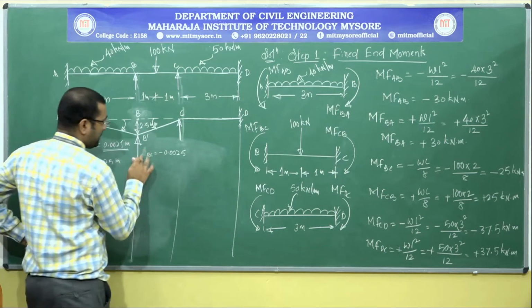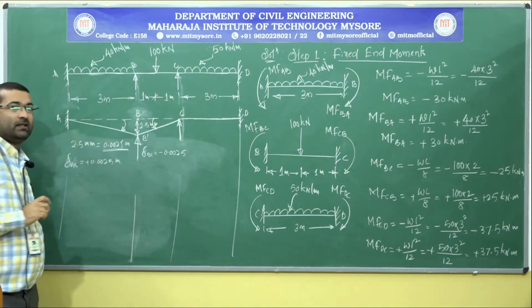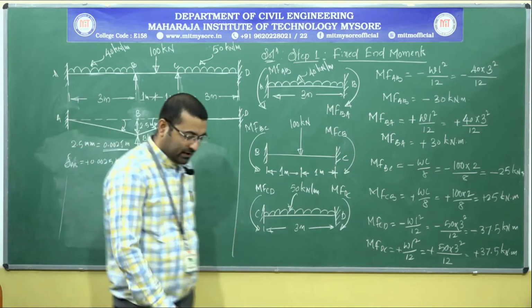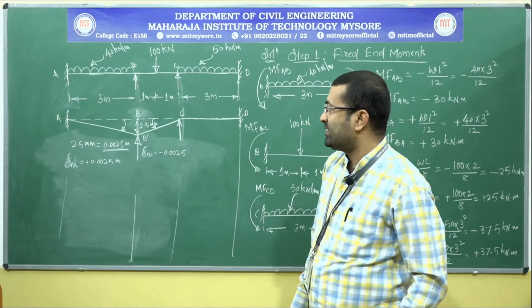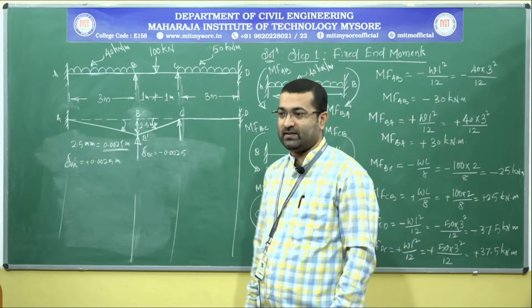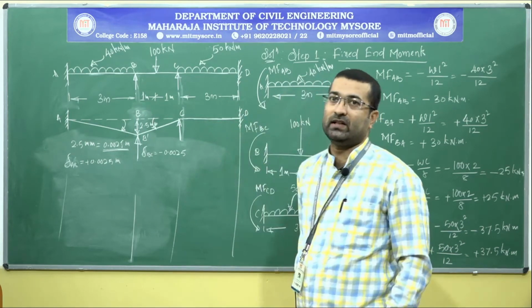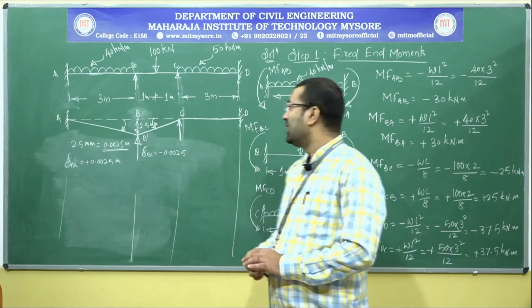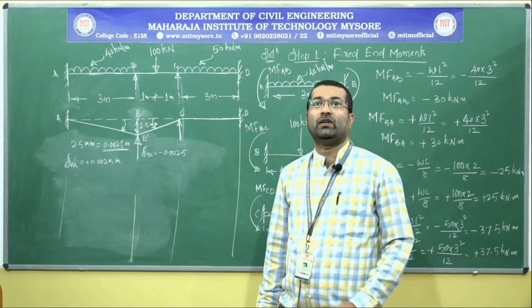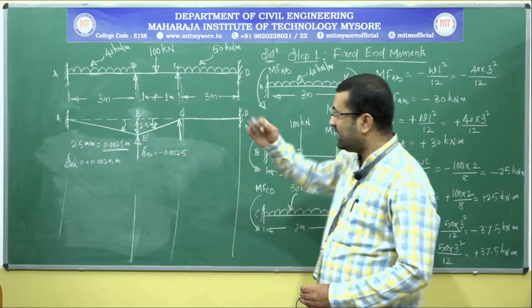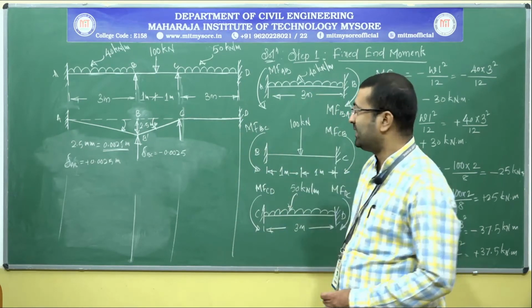So this is delta AB and delta BC. The delta value for span AB is plus 0.0025 meters, as the beam is rotating in the clockwise direction, and for span BC the delta value is negative as it is rotating in the anti-clockwise direction.